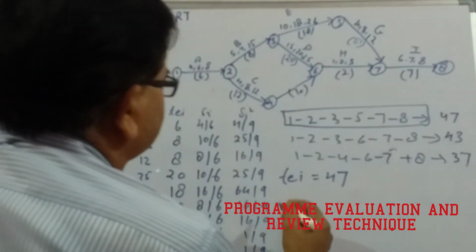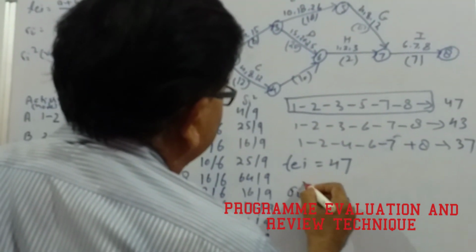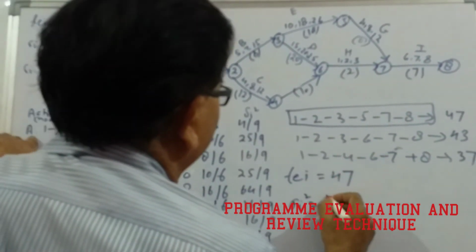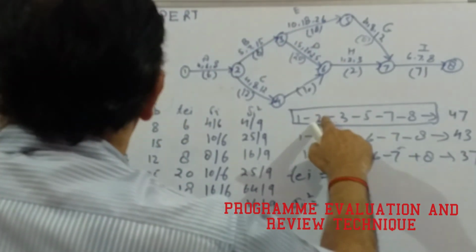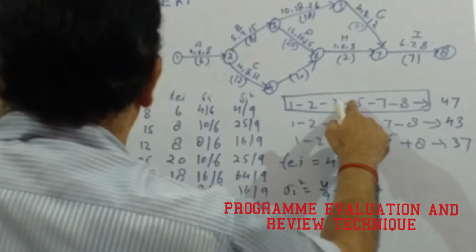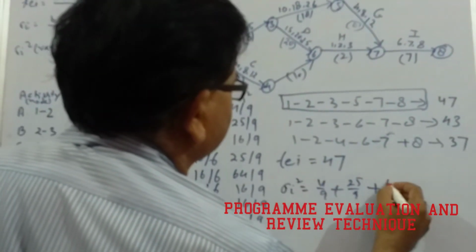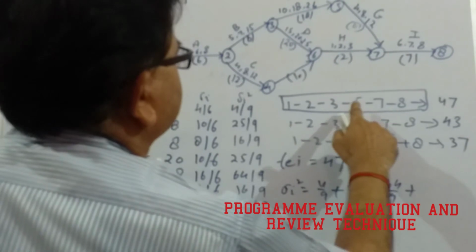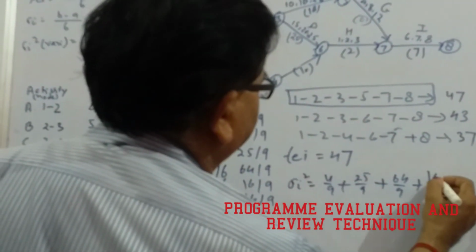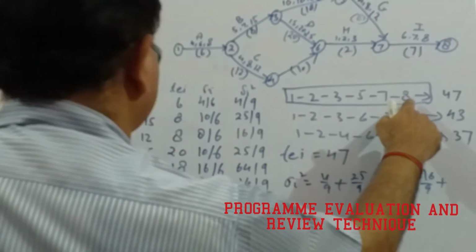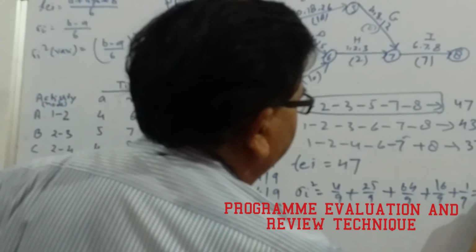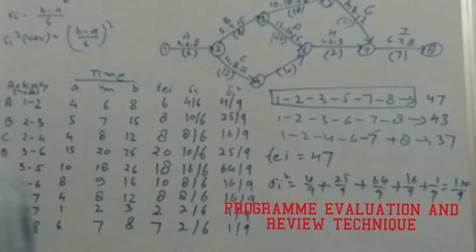So for these activities, sigma i square, here it is say 1 to 2. So for 1 to 2 it is 4 by 9, 2 to 3, that is 25 by 9, plus 3 to 5, that is 64 by 9, plus 5 to 7, that is 16 by 9, plus 7 to 8, that is 1 by 9, so it comes out to be 110 by 9.